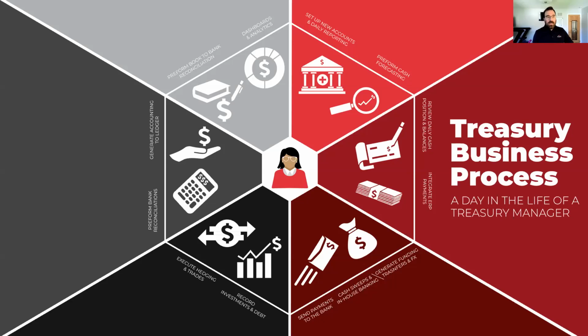Whether that's simply setting up new accounts in a TMS system, or more administrative pieces around setting up new accounts. You want to look at how the processes are designed when it comes to cash forecasting. Do we have those processes clearly defined somewhere? Or is it just something that people do on the fly? Those things are really critical to think about.